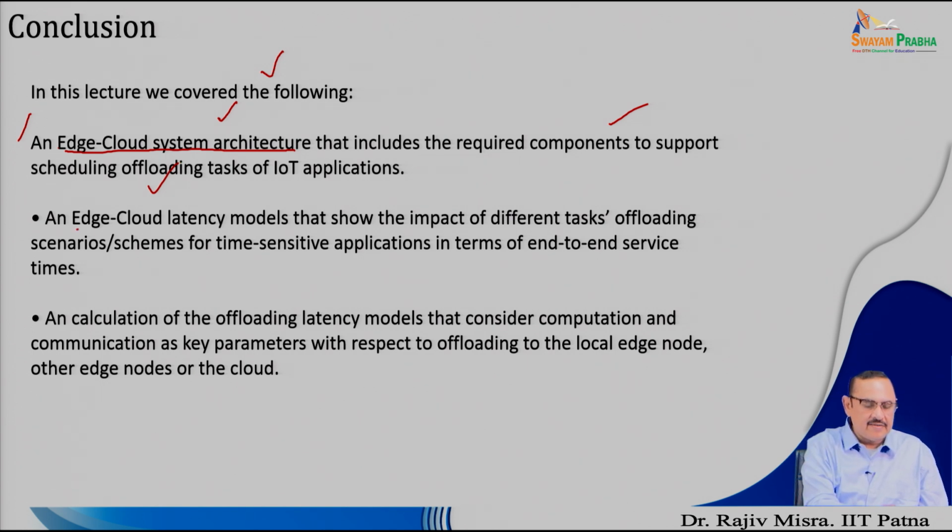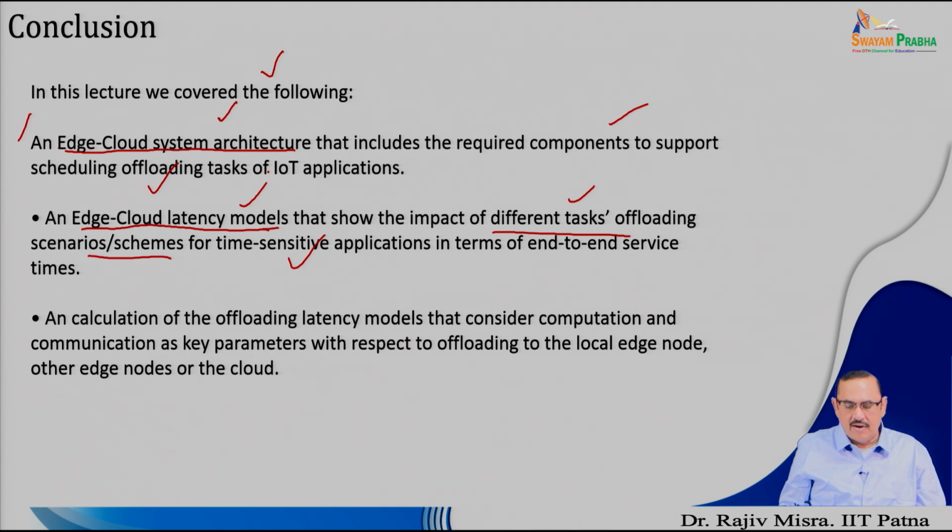Next, the important thing which we have seen under this architecture is the edge cloud latency models, and this latency model captures the impact of different task offloading scenarios and schemes. Of the many task offloading schemes for supporting delay sensitive applications, the guiding principle is the latency model in terms of end to end service time.